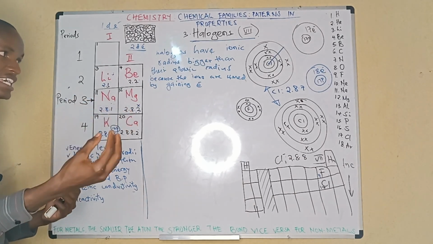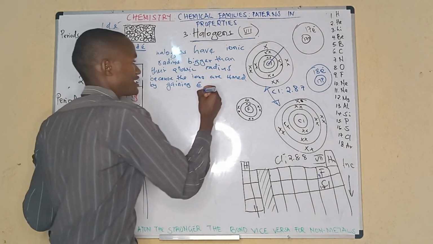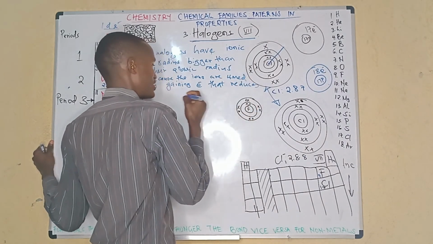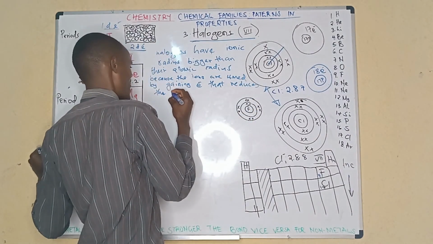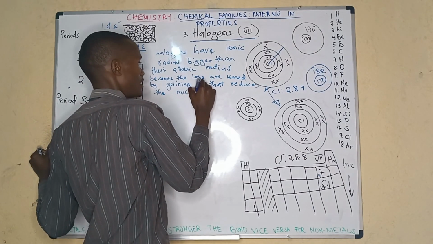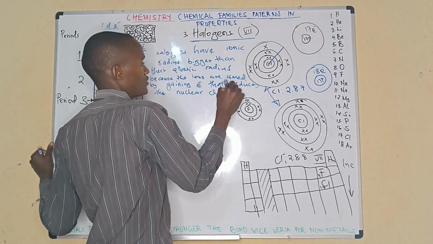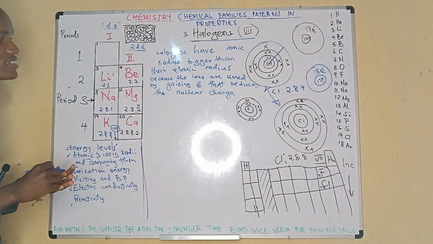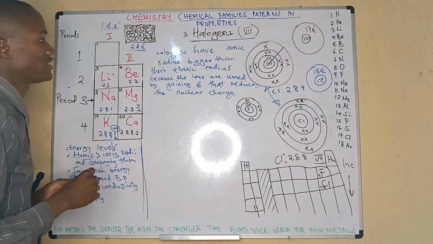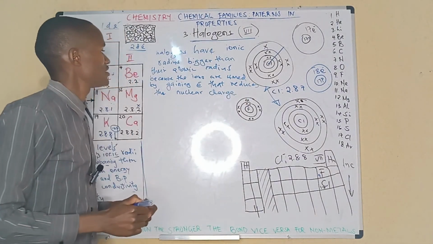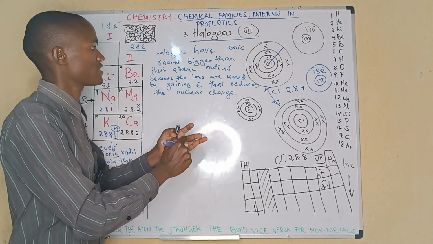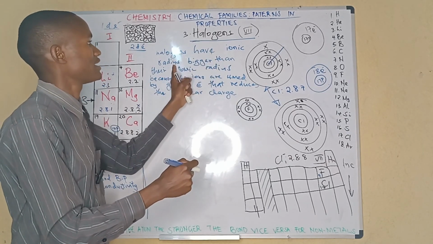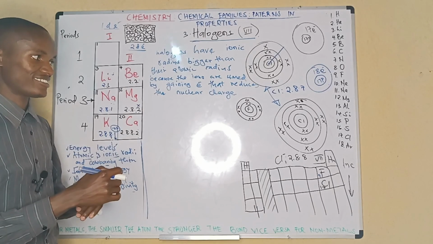Chloride ions will be formed by a gain of an electron that reduces the nuclear charge. Yes, we reduce the nuclear charge. That is complete. Which reduces the nuclear charge, and that is what brings about them having ionic radius bigger than the atomic radius.